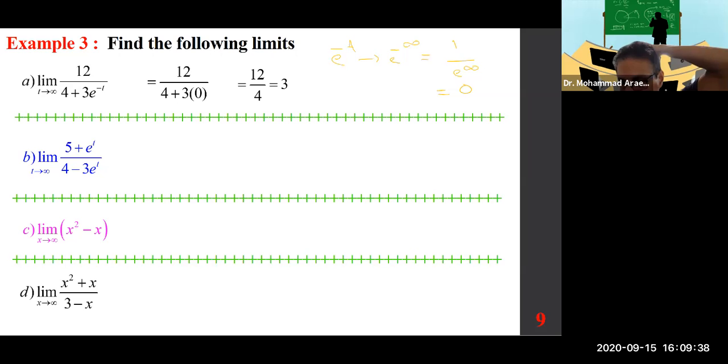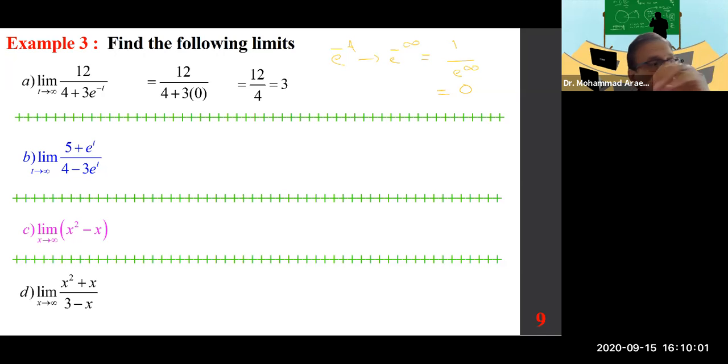So a positive number larger than 1, 5, 10, 8, e to the power of negative infinity becomes 0. Now, I hope you realize in part B, when you plug in, you get infinity over negative infinity, because e to the power of infinity is infinity. So what is the technique?